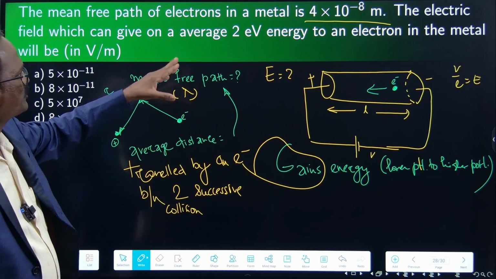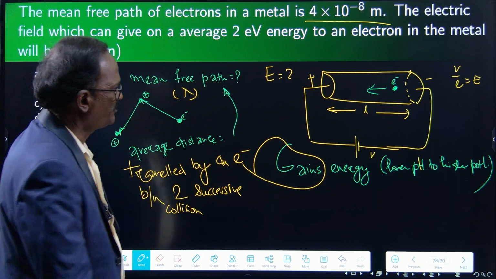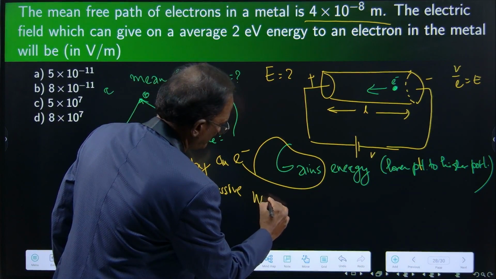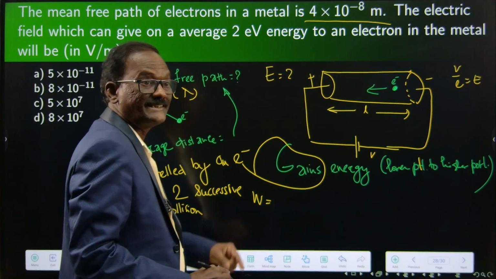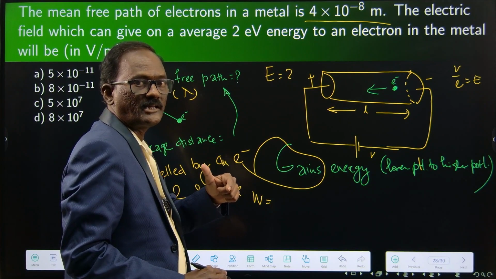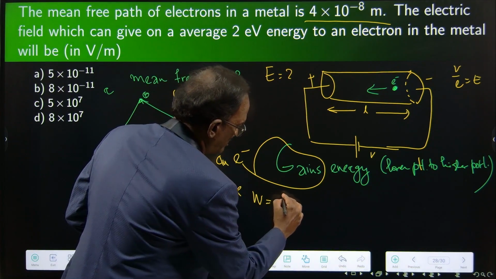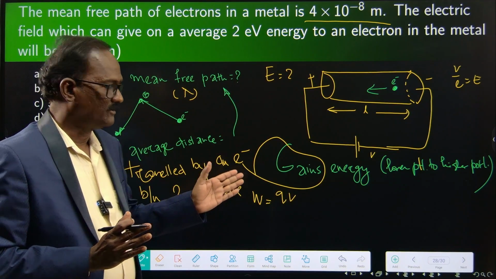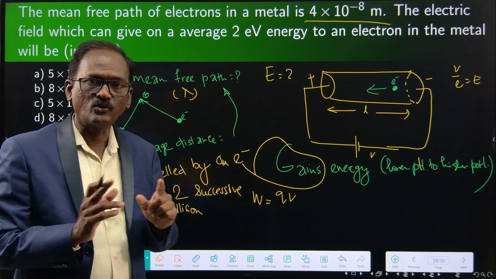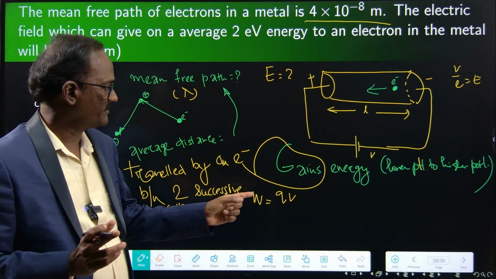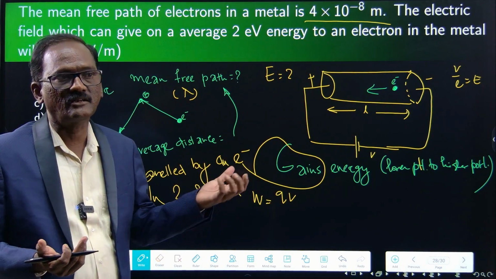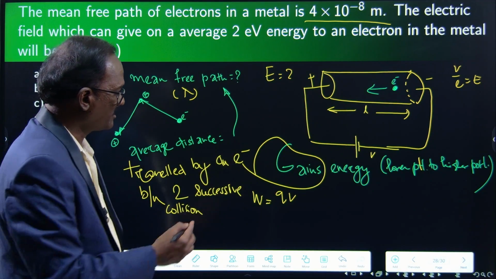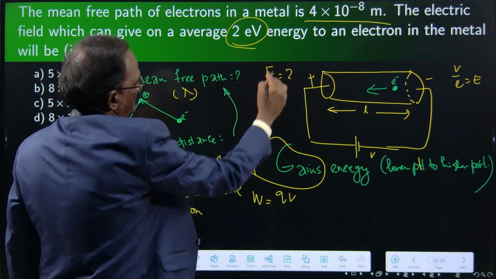For solving the problem, the work done, as we have seen in the topic electric potential, W is equal to Q into delta V or simply V. So to move one electron between a potential difference, how much work is done or how much energy is gained? W is given as 2 eV.